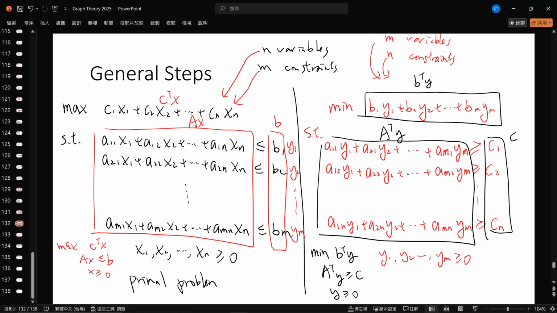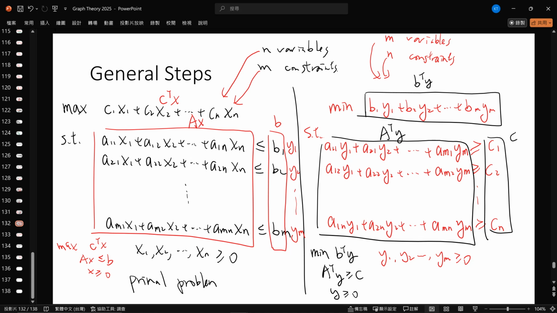The reason that we have n constraints is that we have to make sure that the coefficient in the primal problem is a lower bound for our weighted combination. So we have one constraint for every variable in the primal problem. Then we consider the coefficient in the weighted combination of the constraints in the primal problem.